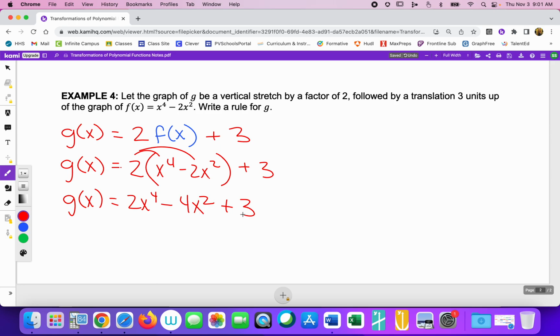No. If you did, you would need to combine them, but if you do not, then you're done. Just make sure it's in descending order. So this function would be this function, just magnified, stretched by 2, and then moved up 3. It's just a little less obvious when it's all distributed like that. Okay. So use the chart as needed.